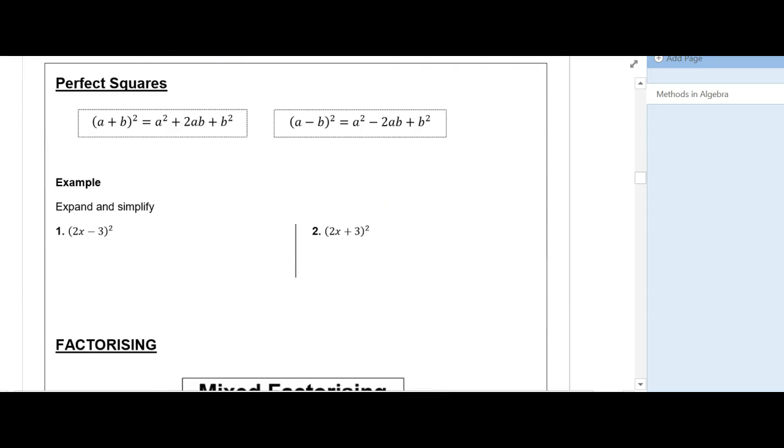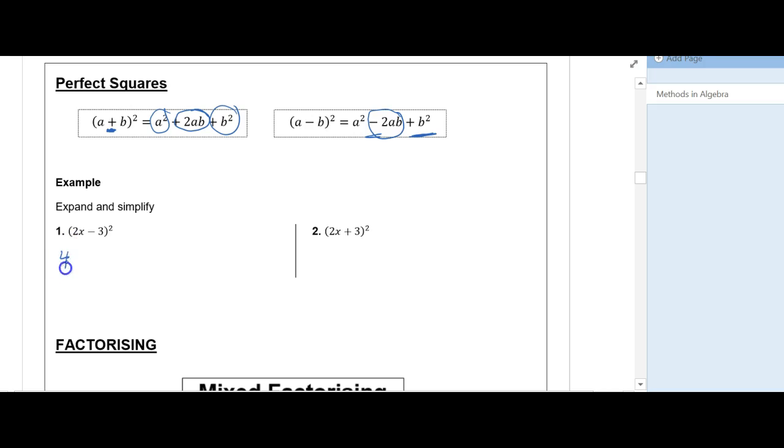Okay, I'll just fit this last one into the video. As I said, if it's an a plus b squared or an a minus b squared, we square the first, square the last, and 2 times everything in the middle. Now, the only thing that changes if it's a minus is the minus here, because the last thing squared will always be a positive.